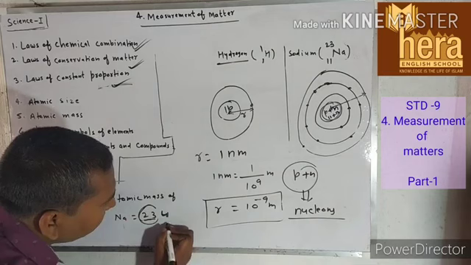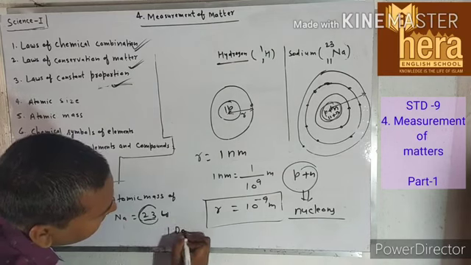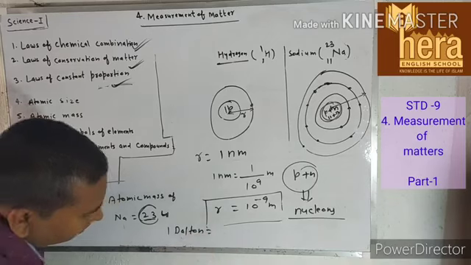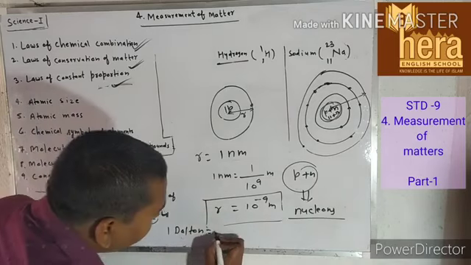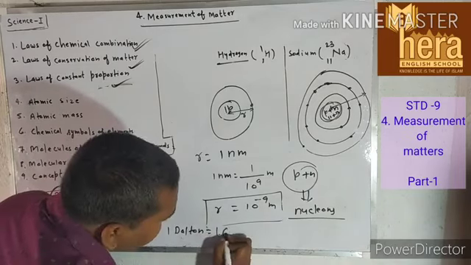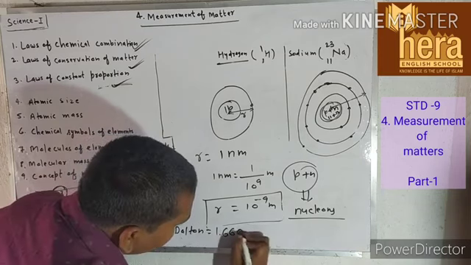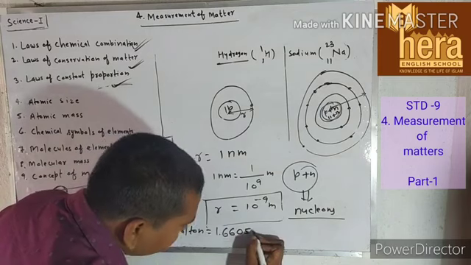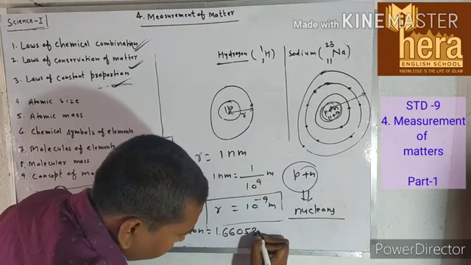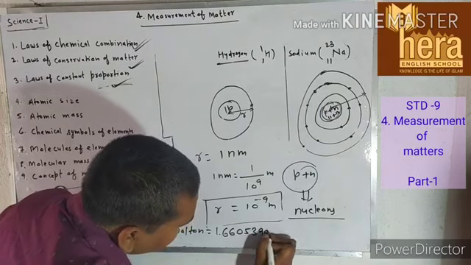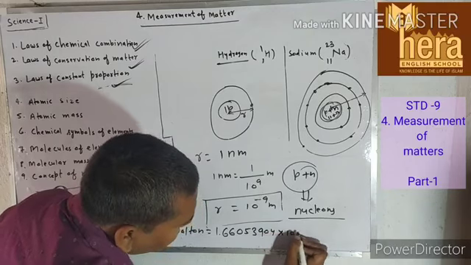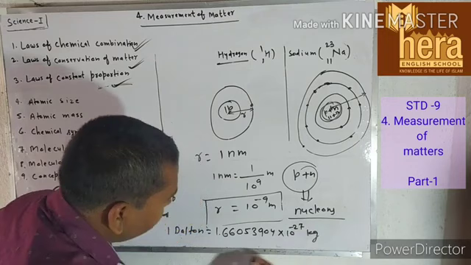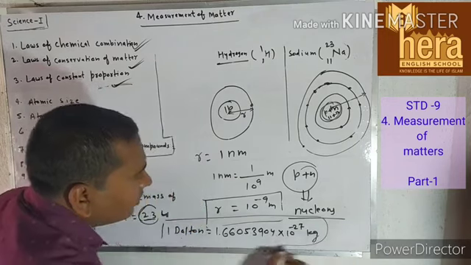And one Dalton is equal to 1.66053 into 10 raised to minus 27 kg. Okay?